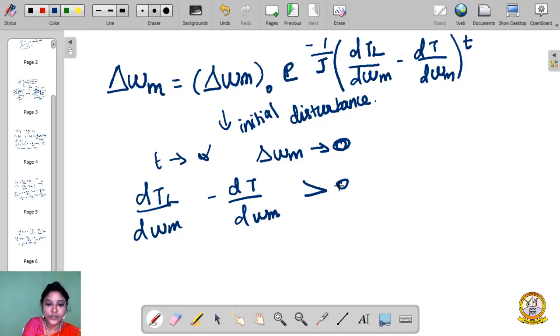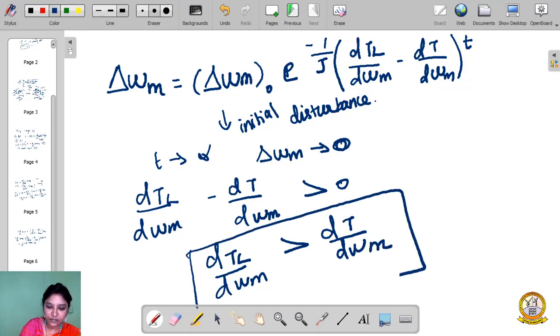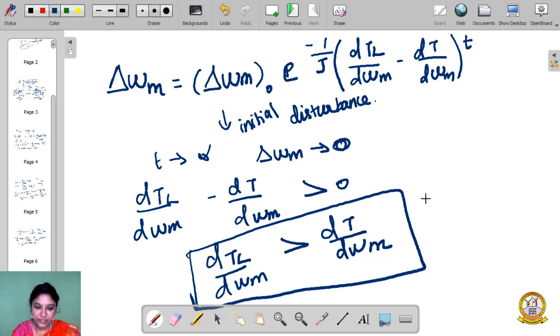If you simplify this, dTL/d omega m is greater than dT/d omega m. So this is the case we derived.